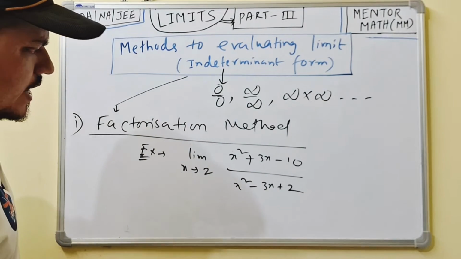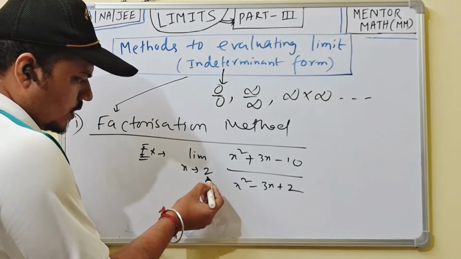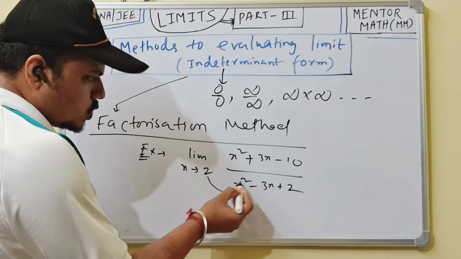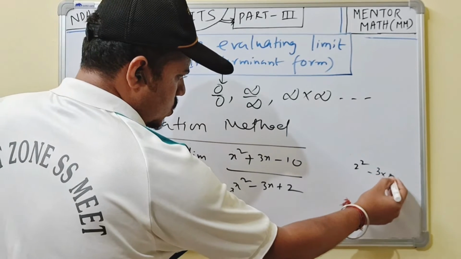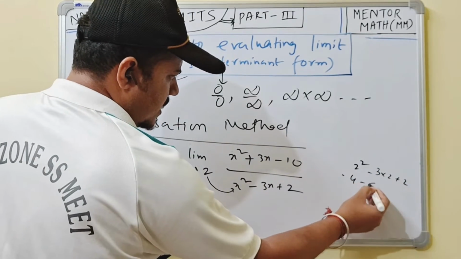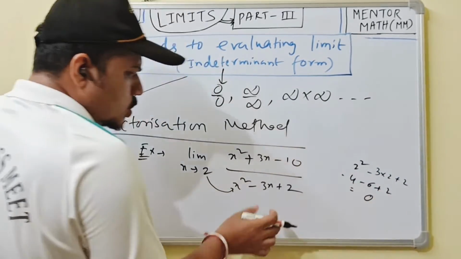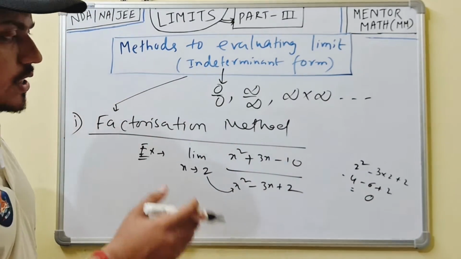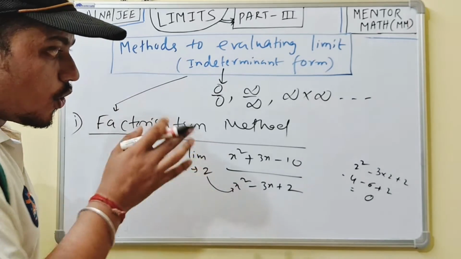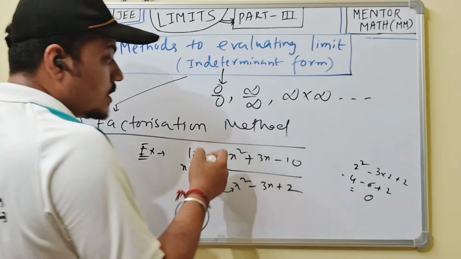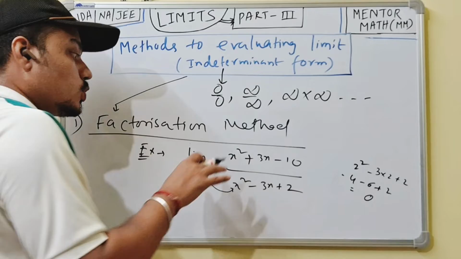If I substitute 2 here, you can see that it is 2 square minus 3 into 2 plus 2, that means 4 minus 6 plus 2, that means 0. So the denominator becomes 0, which means the form goes to an indeterminate form. Obviously the numerator also becomes 0.